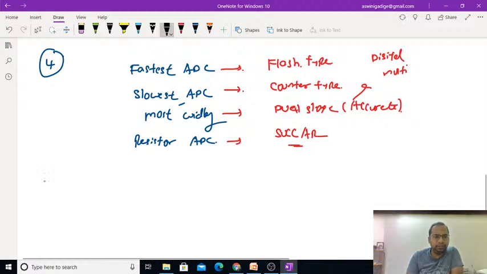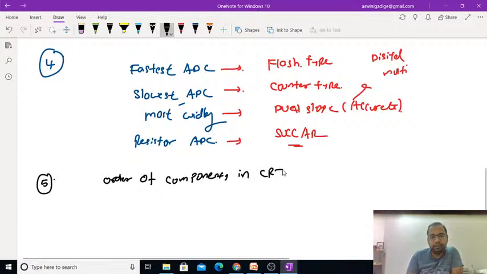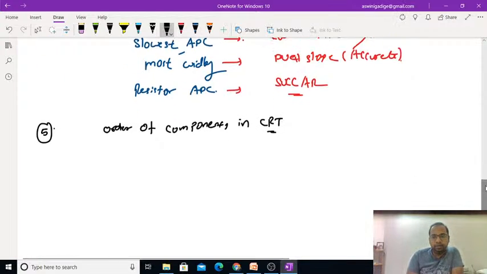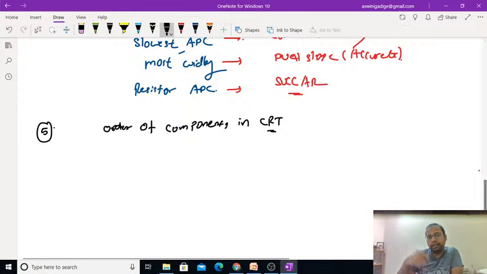And coming to the next question, the fifth one. They asked the order of components in the CRT. Generally they gave a few options to arrange in order, but I am writing here the order of the CRT components starting from the cathode to the phosphor screen. Based on that, you may check.